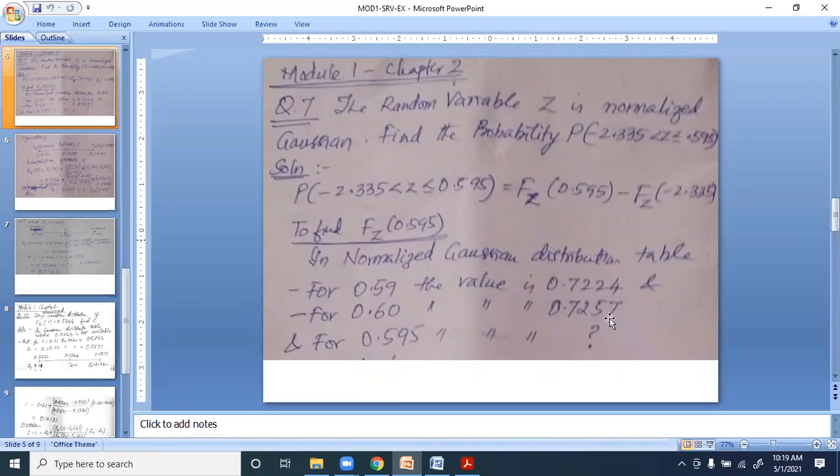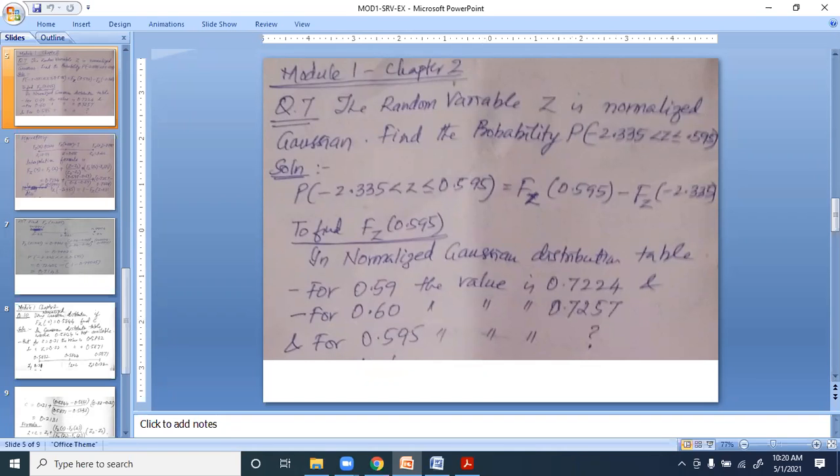So, the exact method I have tried to solve in this is to find F(z) at 0.595 in the normalized Gaussian distribution table. 0.595 is between 0.59 and 0.60. Corresponding to 0.59 the value is 0.7224, and corresponding to 0.60 it is 0.7257.